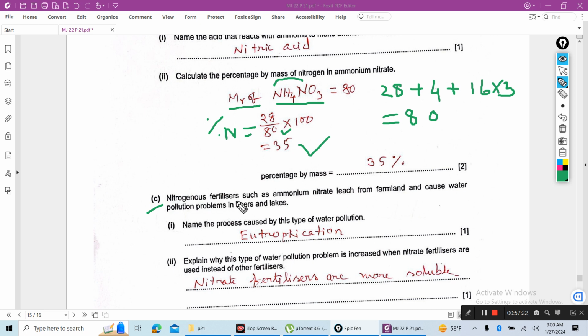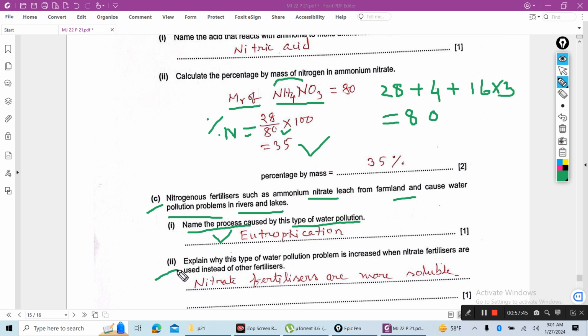Nitrogenous fertilizers like ammonium nitrate leach from the farmland and cause water pollution problems in rivers and lakes. Name the process caused by this type of water pollution. This process is known as eutrophication.